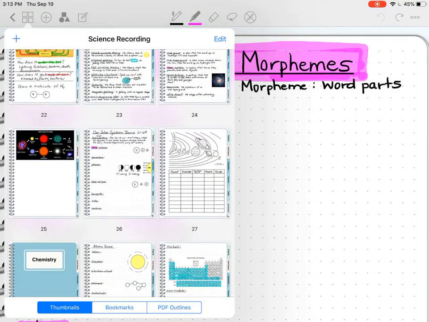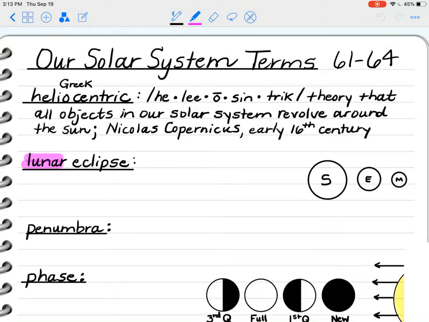Okay, so let's go back here to the lunar eclipse. The lunar eclipse occurs when the moon passes through Earth's shadow.